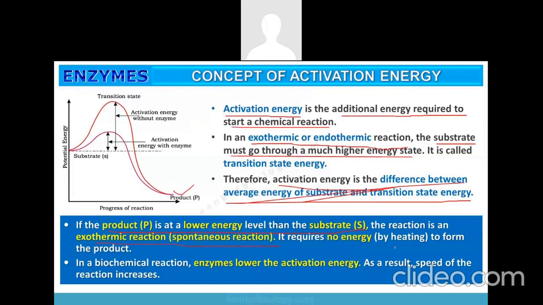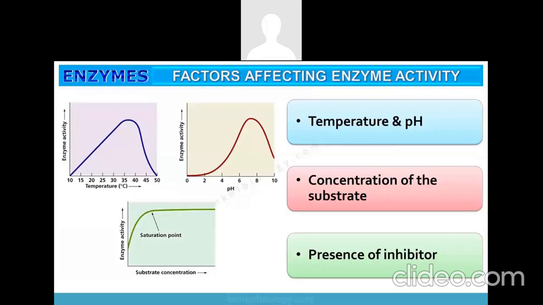If you take in case of an exothermic or an endothermic reaction, the substrate should go to a higher energy state, only then the reaction can happen. And this energy state is called the transition state energy. So the activation energy is the difference between the average energy of the substrates and the transition state energy.